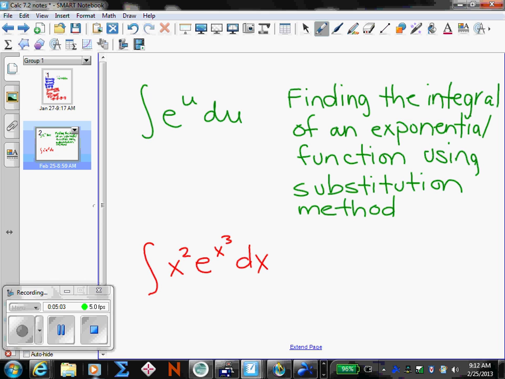The first thing you want to do is identify that this is not just plain old e to the x. Because if it's just e to the x, the integral is e to the x. But this is e to the x cubed, meaning you're going to have to pick a u. The u will be the exponent when there is one e in the problem.